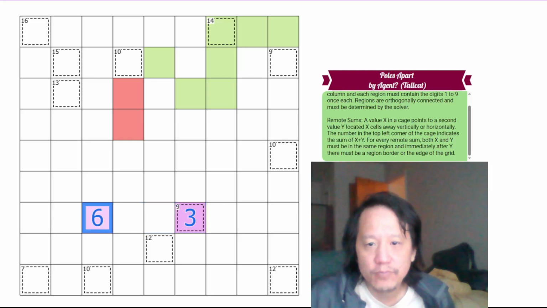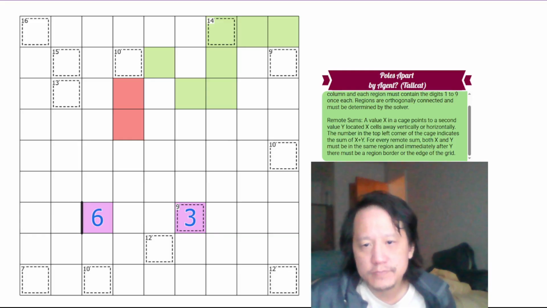And they have to be in the same region. And immediately after y, which is here, you have to have a boundary. So you have to have a boundary here. Well, we can use dark because we don't have any other dark cells here. Or the edge of the grid, right?